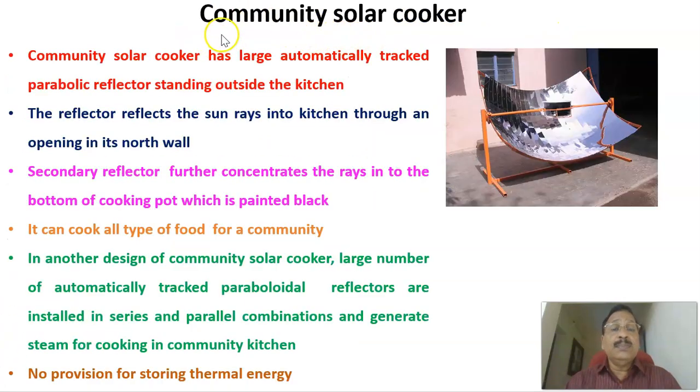The third type is the community solar cooker. The community solar cooker has a large, automatically tracked parabolic reflector standing outside the kitchen. A large number of parabolic reflectors are there, and these reflectors reflect the sun's rays into the kitchen through an opening in its north wall, and a secondary reflector further concentrates the rays onto the bottom of the cooking pot, which is painted black.